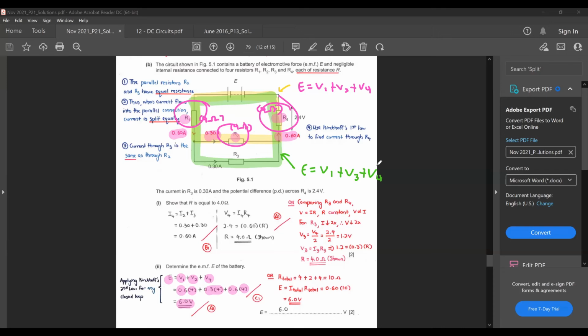If you want to simplify this entire circuit, you also can. I think it's a bit more complicated. I mean, it's not, it's just a bit more tedious. The working that you see here is you trying to simplify the whole circuit.